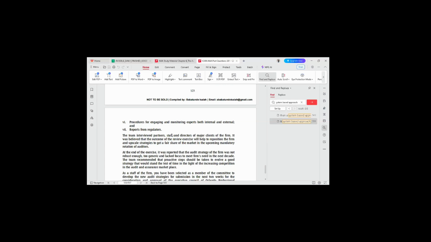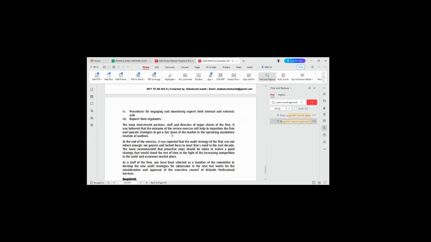At the end of the exercise, it was reported that the audit strategy of the firm was not robust enough, too generic, and lacked focus to meet the firm's need in the next decade. The team recommended that proactive steps should be taken to evolve a good strategy that will stand the test of time in the light of the increasing competition in the audit and assurance marketplace.